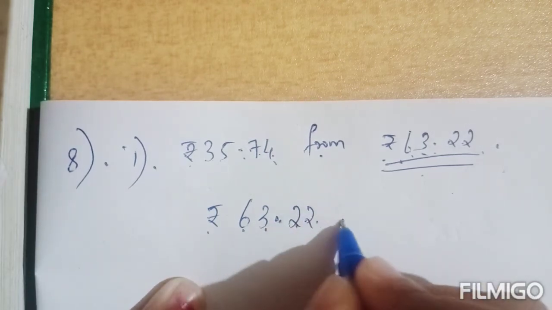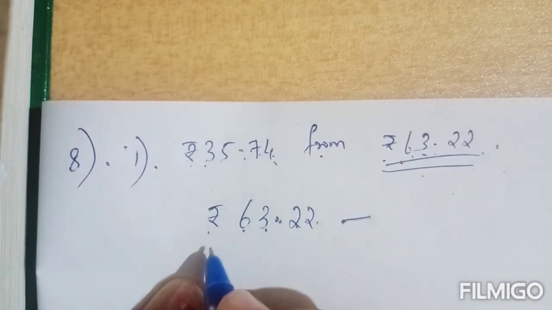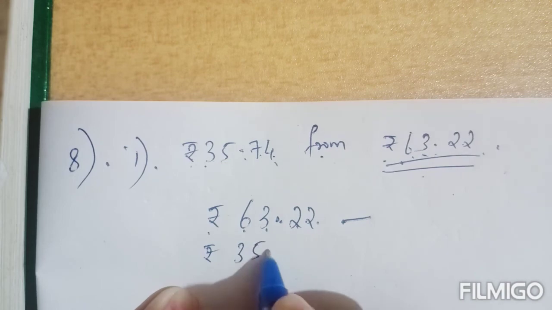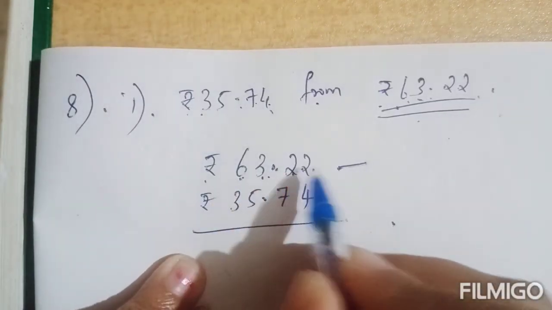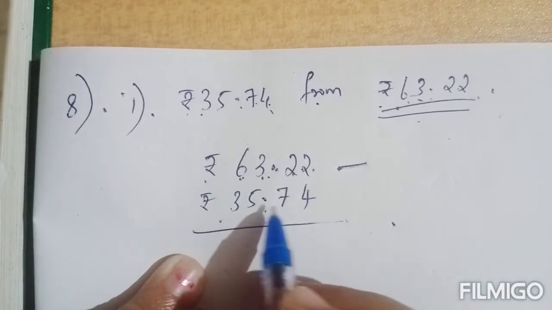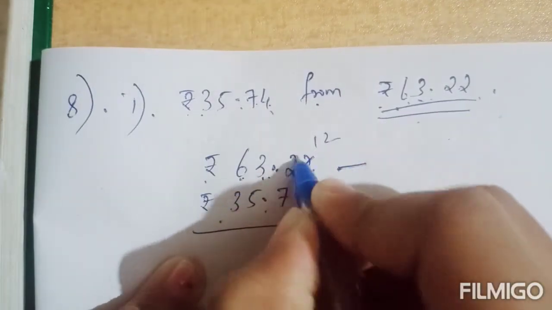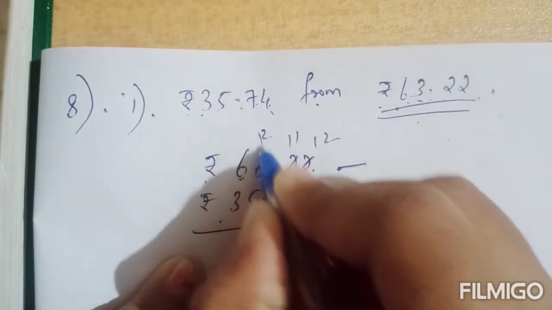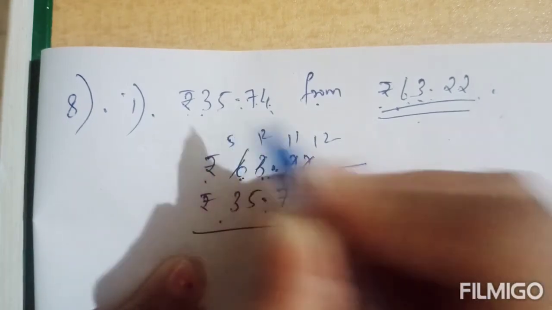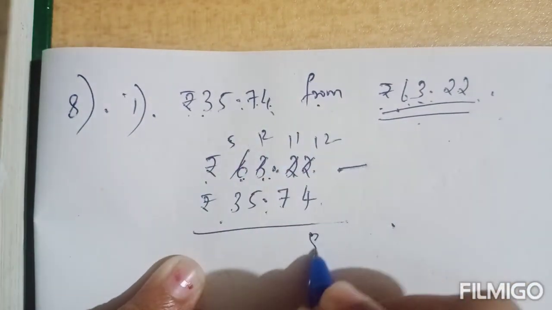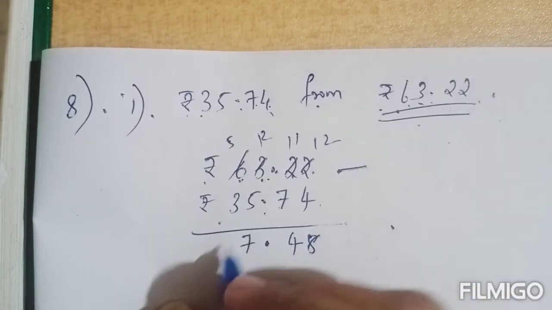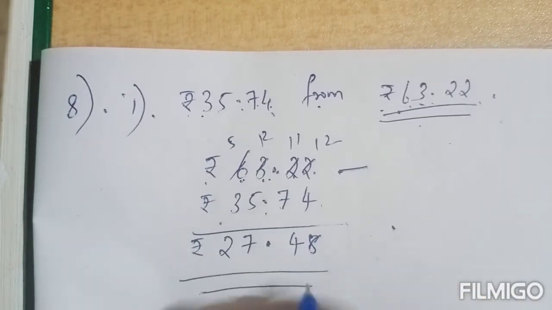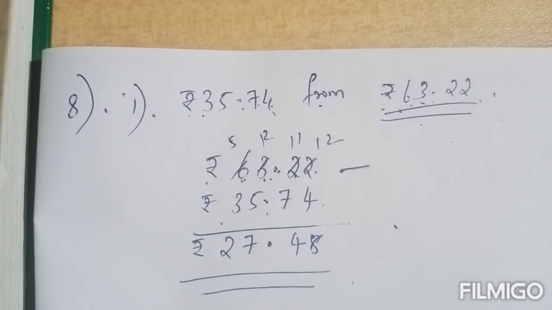Rupees 63.22 minus rupees 35.74. Okay, from 63.22 you have to subtract 35.74. So here 12, here 1, then 11, here 2, then 12, here 5. So 8, 4, decimal point, 7, 2. You will get rupees 27.48.